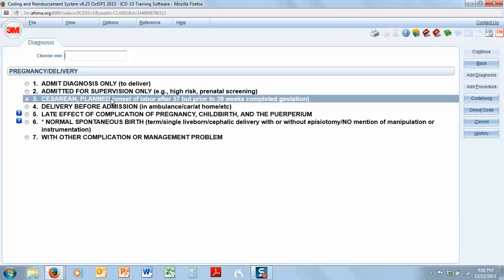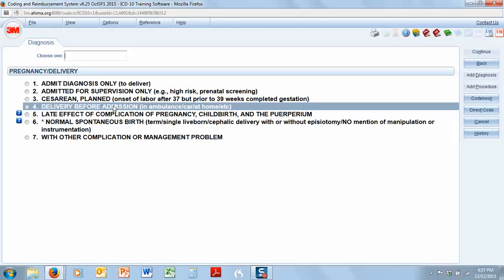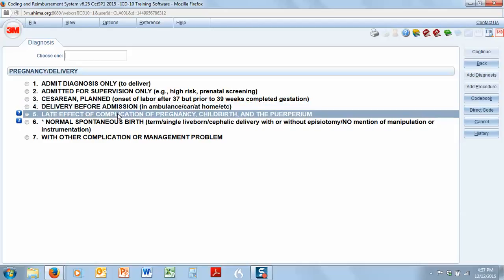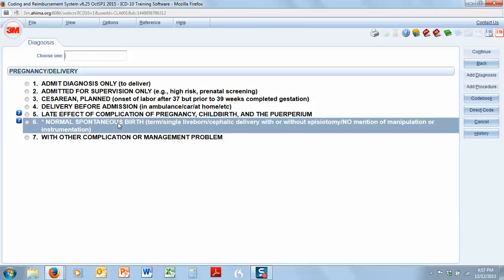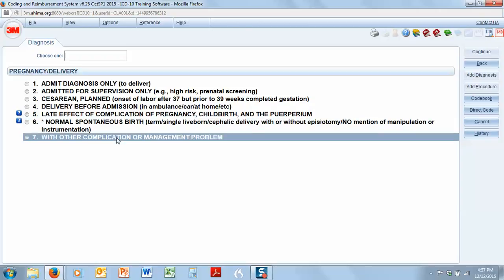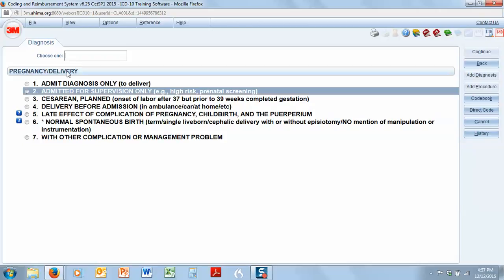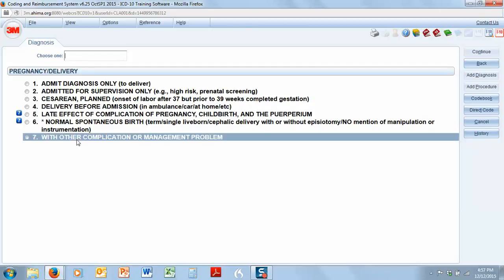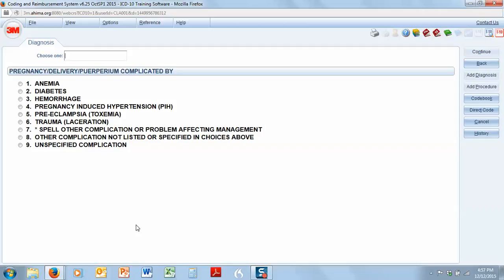She didn't have a planned C-section, although they did a C-section, it wasn't planned. She didn't deliver before she came in to the hospital. She didn't have a late effect of a problem. She didn't have a normal spontaneous one, but she did have a complication, right? Her complication was a preeclampsia. So she had a delivery with another complication or management problem. So we're going to click that.